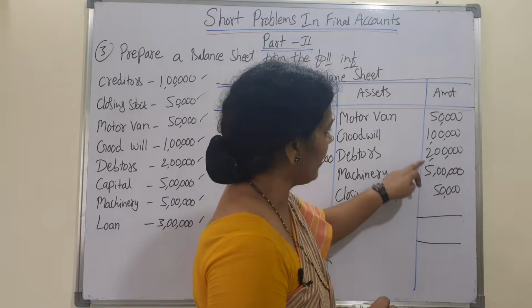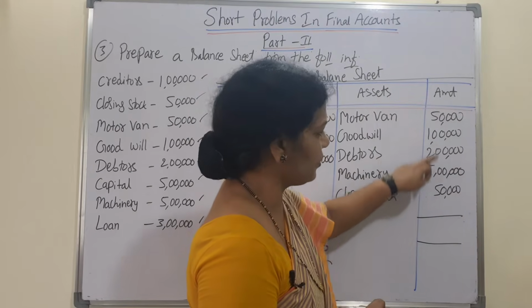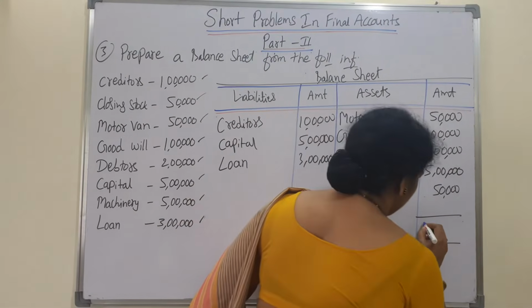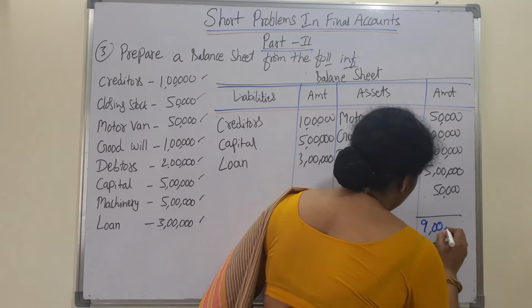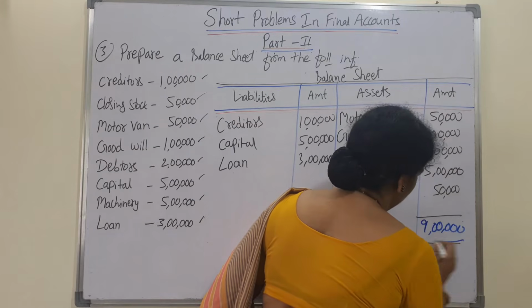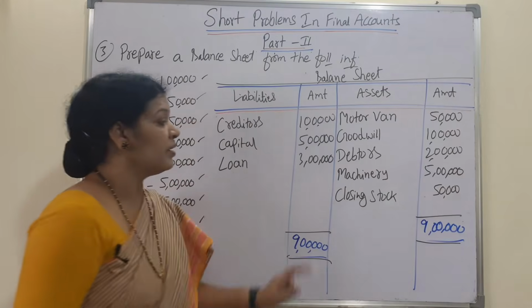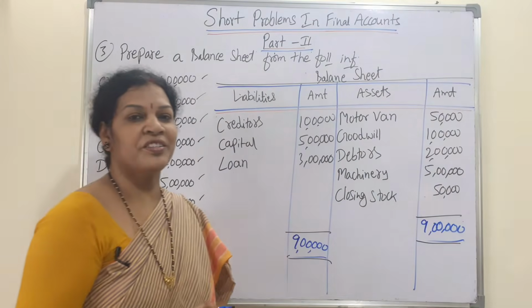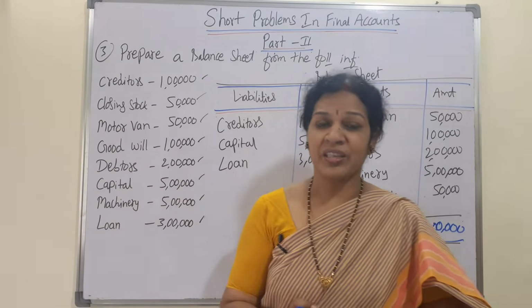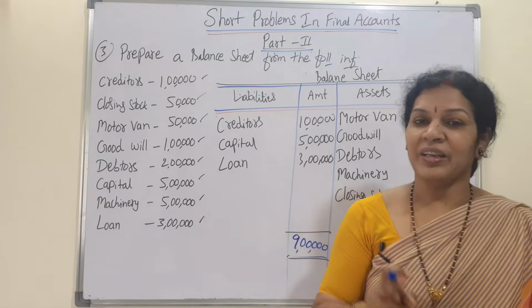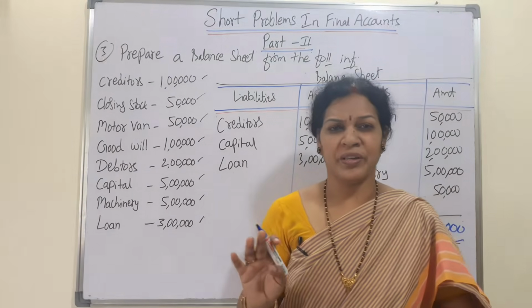See, 5 lakh, 7 lakh, 8 lakh, this is 50,000, 1 lakh, 9 lakh. So here also it is 9 lakh. It's tallying, which means the balance sheet is correct. That's all. So this is about the third problem. First 2 problems already we have done.